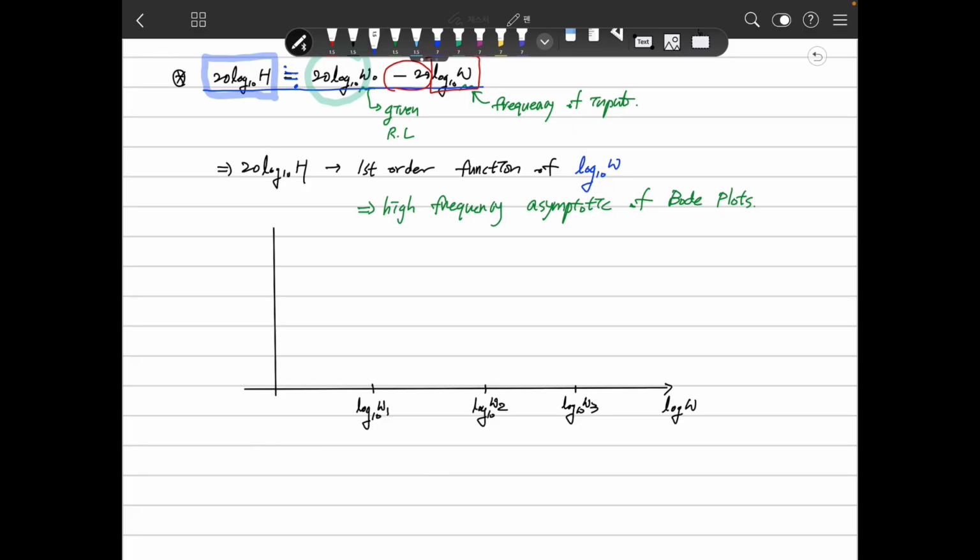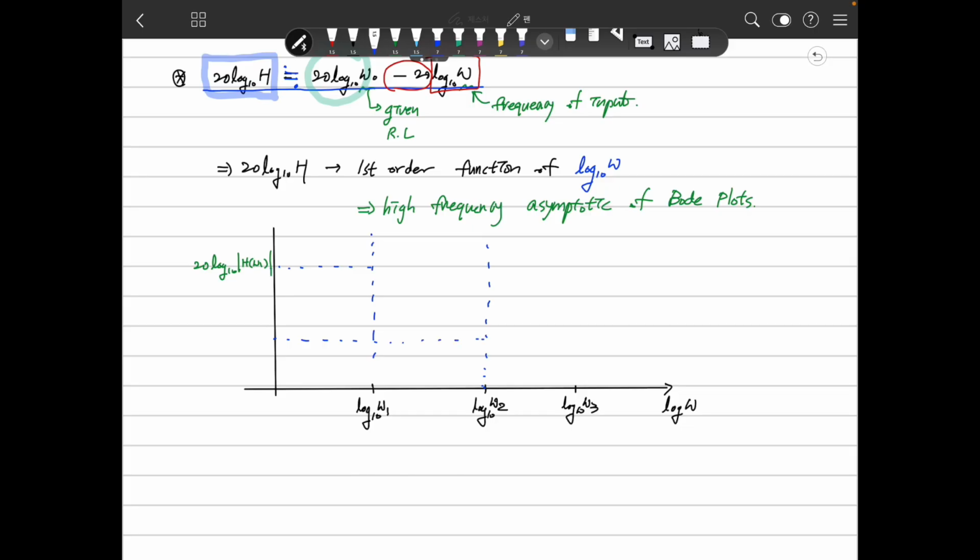And when you apply omega 1 to that, then we get some value. Maybe that will be 20 log 10 H omega 1, and we have another value.